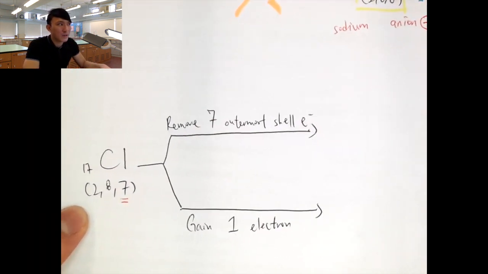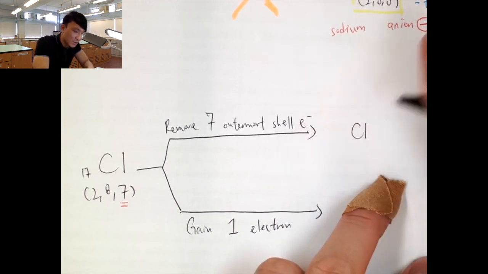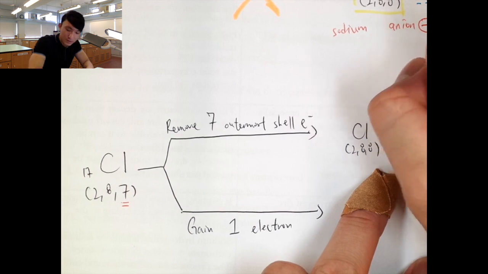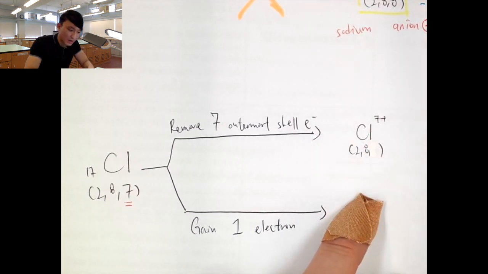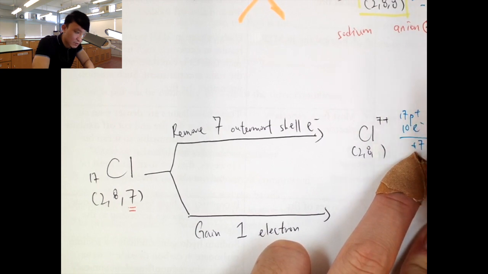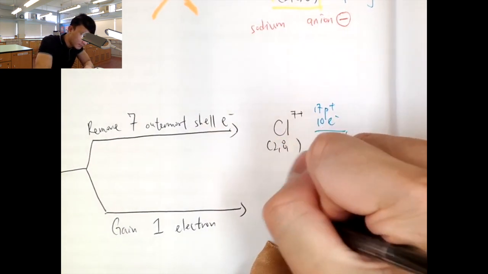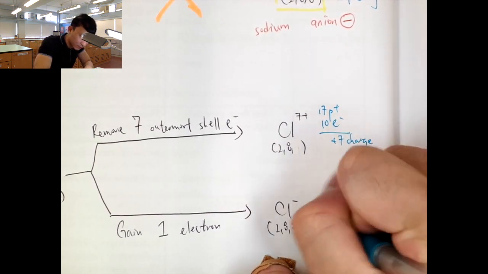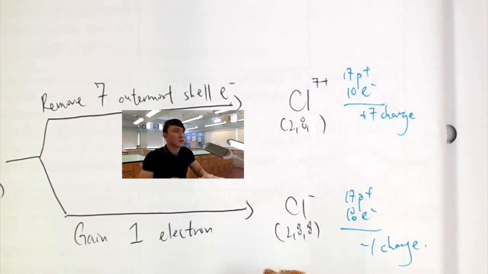If you want to become a very stable ion, so you will actually... Right?